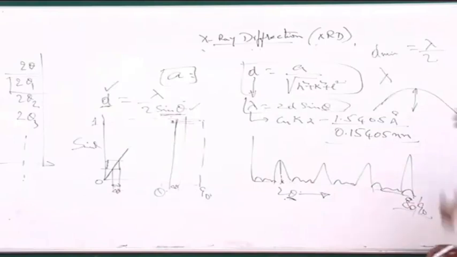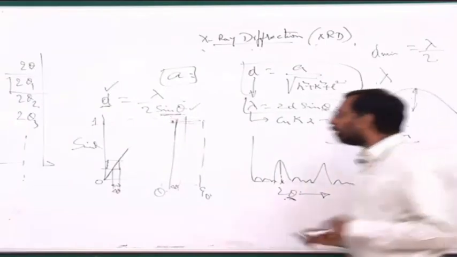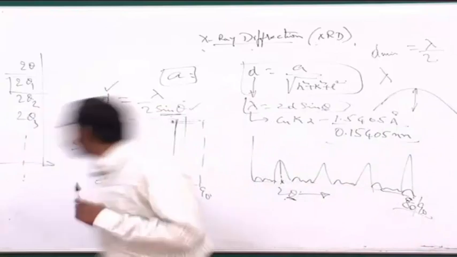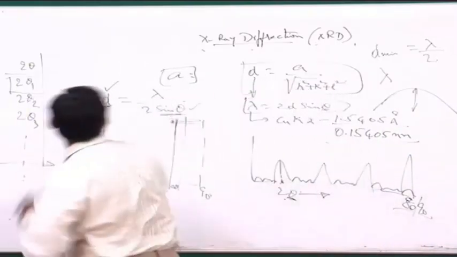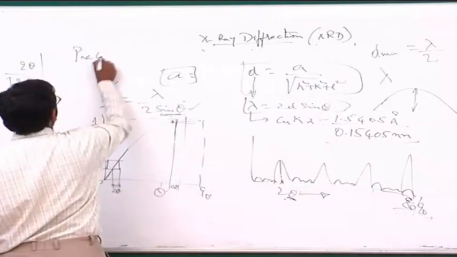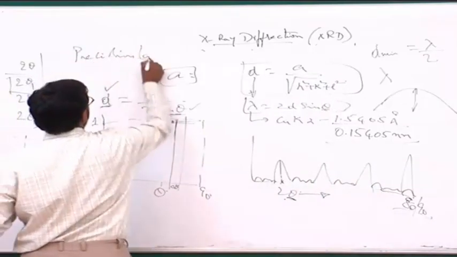So as a result, people have suggested certain other ways of finding out this particular lattice parameter more accurately, and that is what people now call precision lattice parameter calculation.